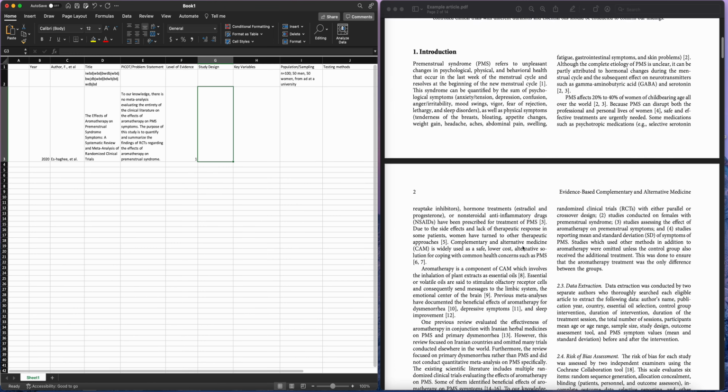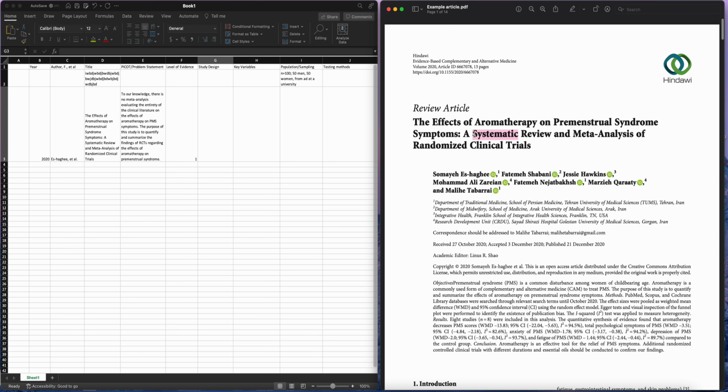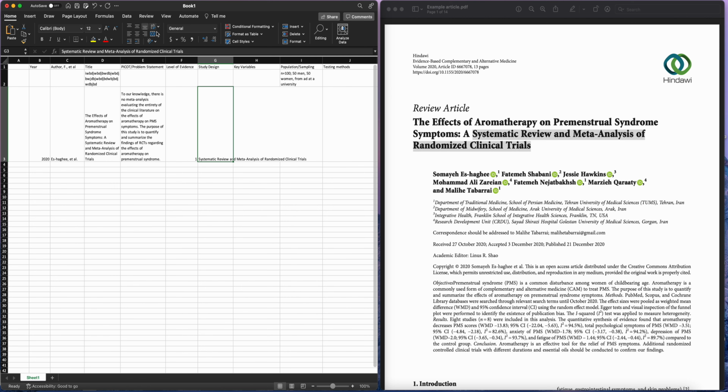Study design. It's a systematic review and meta-analysis of randomized controlled trials. So we can say pretty much all of this. That's our study design. If it were just a randomized controlled trial, that's all I'd put, randomized controlled trial.